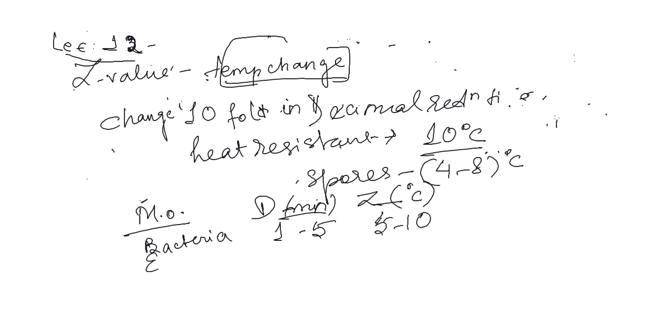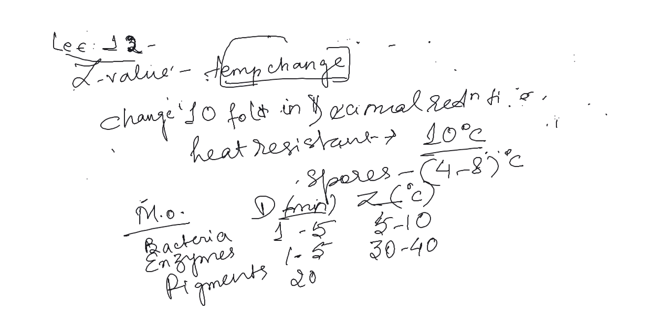Similarly, enzymes will be around again 1 to 5 minutes, and 30 to 40 degrees Celsius will be your Z value. If you have pigments, pigments have the D value as around 150 to 200 minutes, and the Z value is around 25.